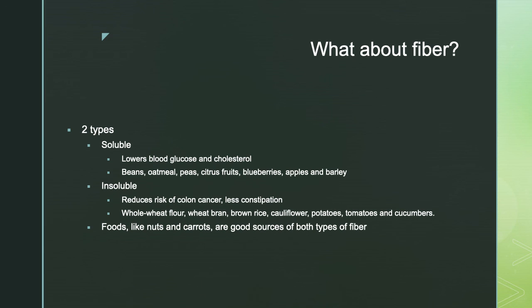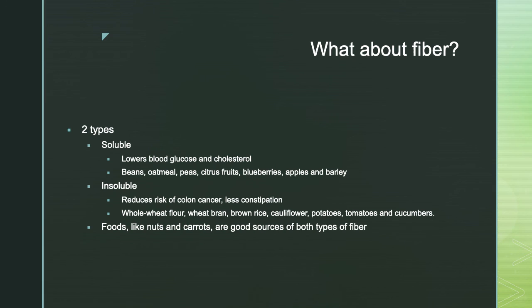Now, insoluble fiber, on the other hand, essentially will pass through the digestive tract totally undigested. And what it does is essentially move the contents through our colon faster. And so the chemicals that are in our food get through there faster.